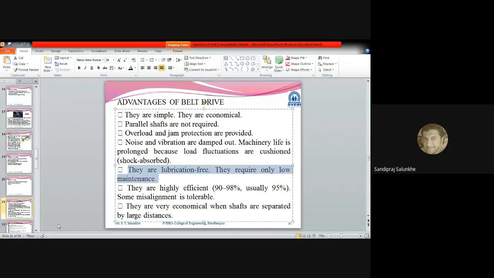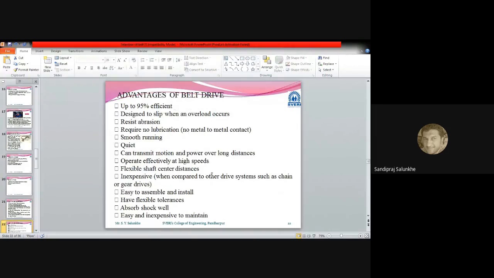Now, if we see the overall disadvantages, the same point I have written first, that is, efficiency is less. Again, why? Because it is a comparative statement.